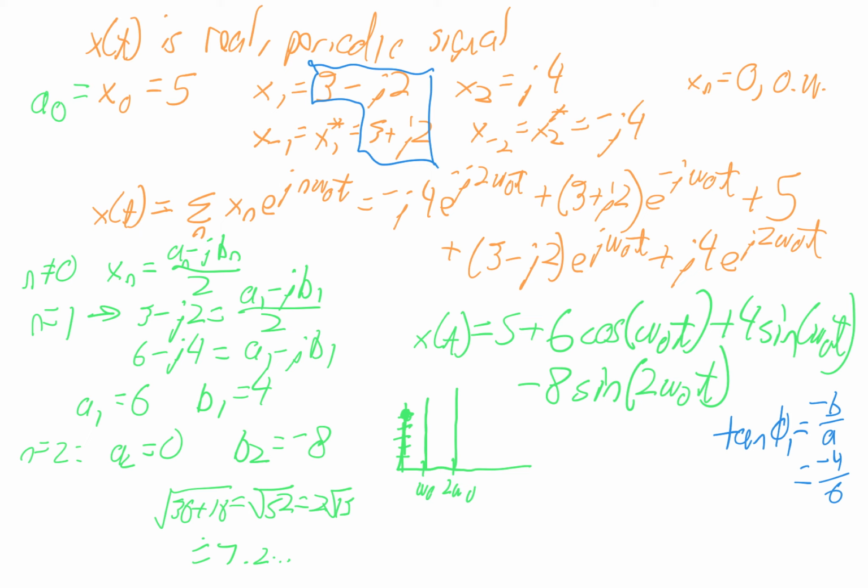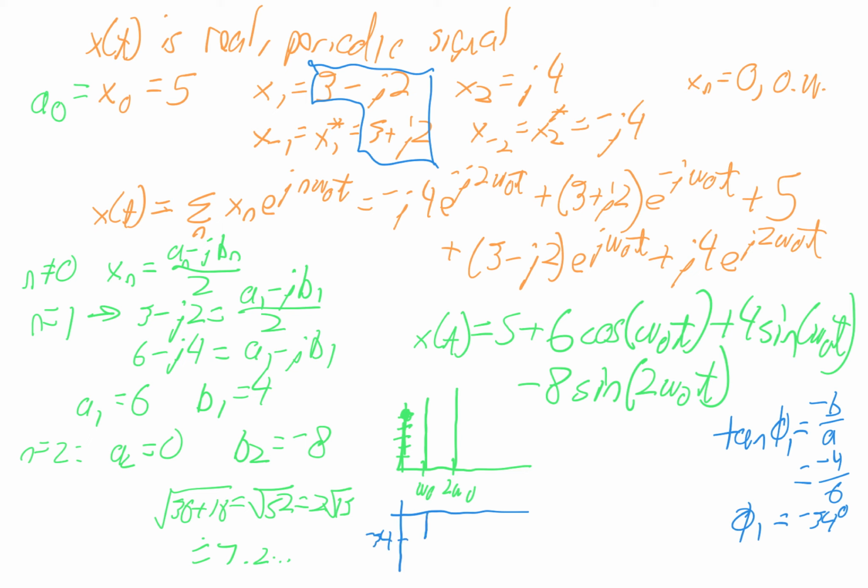So in this case, whether we calculate angle 1 using this inverse tangent approach, or we say it's the angle of x1, it's going to be about minus 34 degrees. And we can add that to our plot.